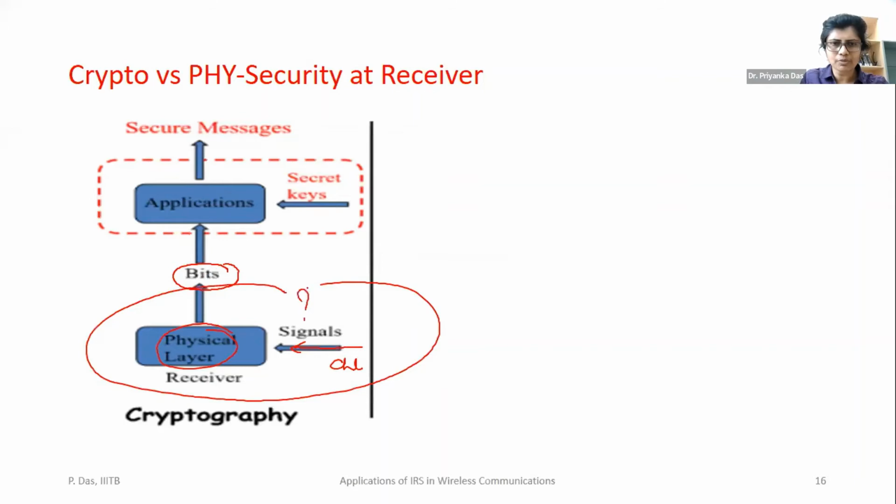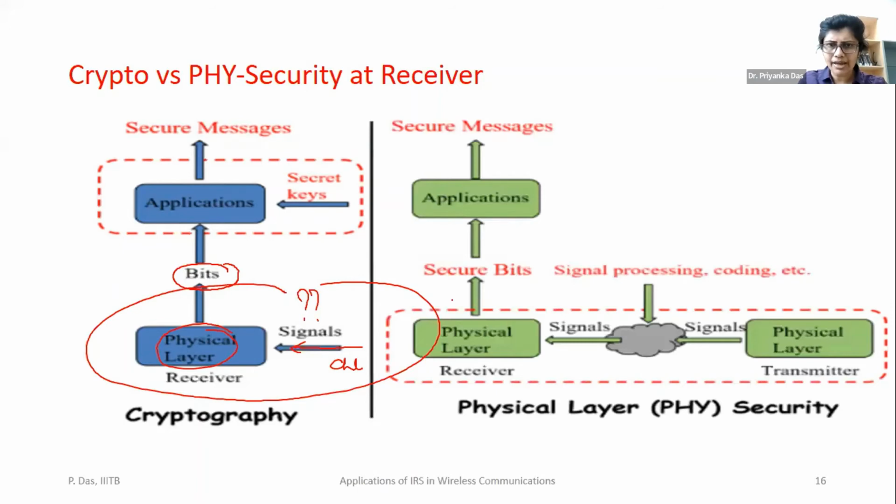You have to use some smart techniques here. The channel is a wireless medium. So in such a scenario, I put dotted boxes, which is my major focus, solely on the physical layer. You have the physical layer transmitter signals.